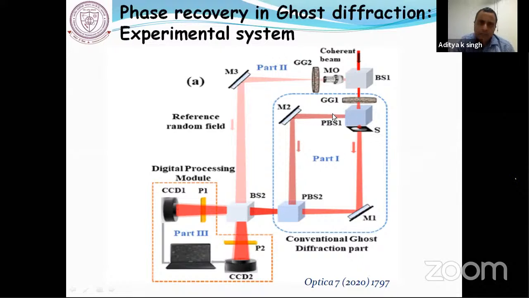The other beam, reflected from the polarization beam splitter PBS1, will go towards the mirror M2, and then after reflection from the second polarization beam splitter, it will go towards the 2 cameras. But these 2 beams are orthogonally polarized.